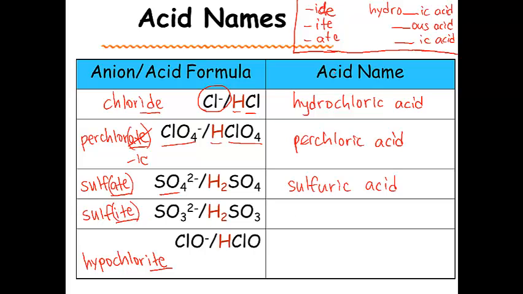The ITE suffix is removed and we add the OUS ending for sulfurous acid. And then ITE here, go up to the top, that also would end in OUS. So this would be hyposulfurous acid.